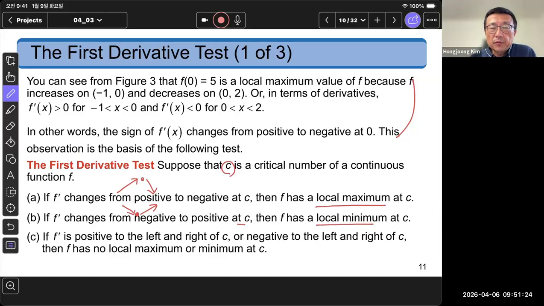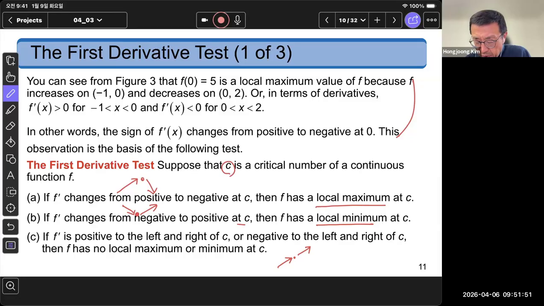But what happens if f prime is positive to the left of C and also positive to the right of C? Then my function is just increasing, right? So there won't be any local maximum or minimum at C.